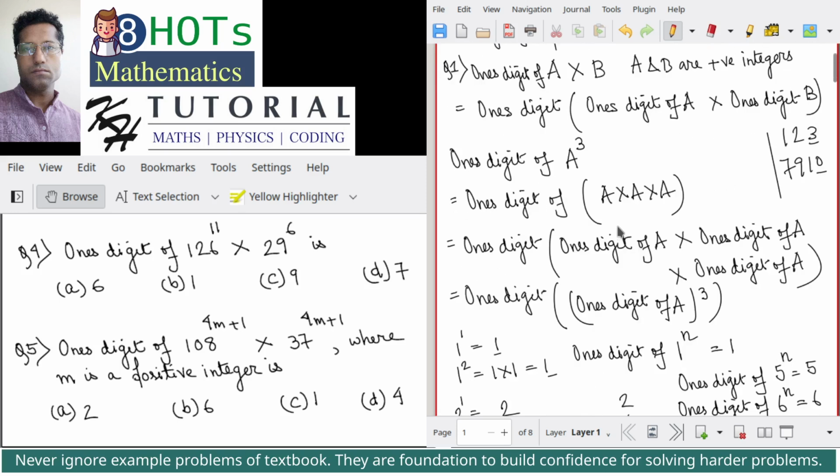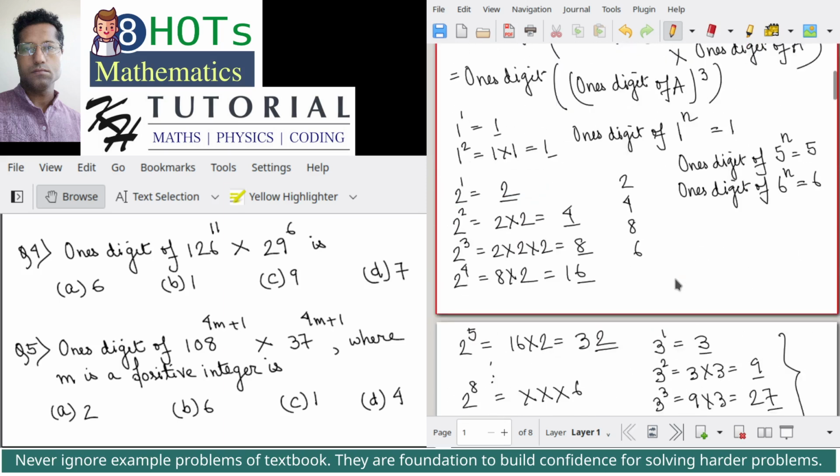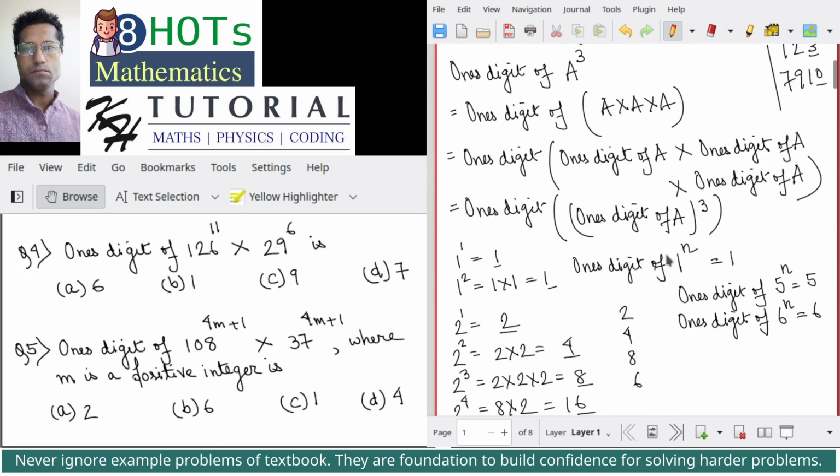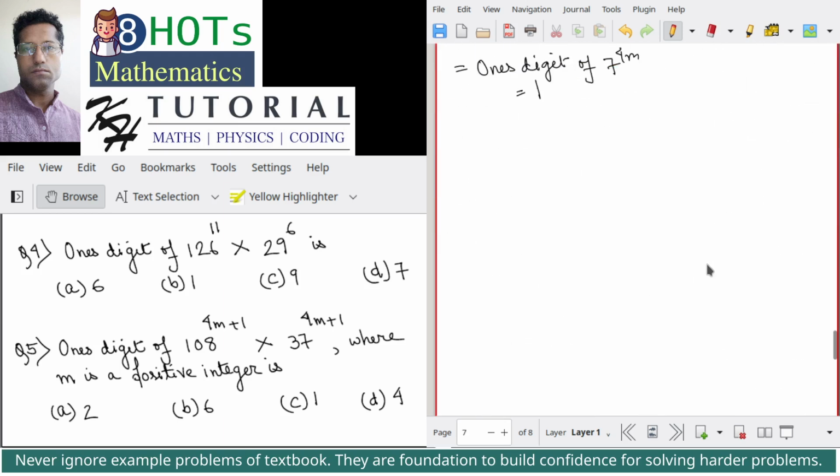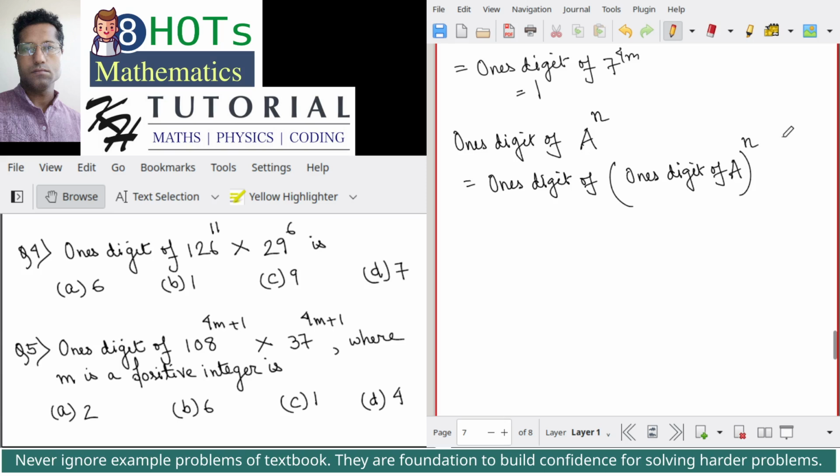And to find the ones digit of a number in exponential form, let's say a to the power n, the other concept applied is that the ones digit of a to the power n, where n is a positive integer and a is also a positive integer, is equal to the ones digit of the following: you first find the ones digit of a, which is simple, and raise it to the power n.